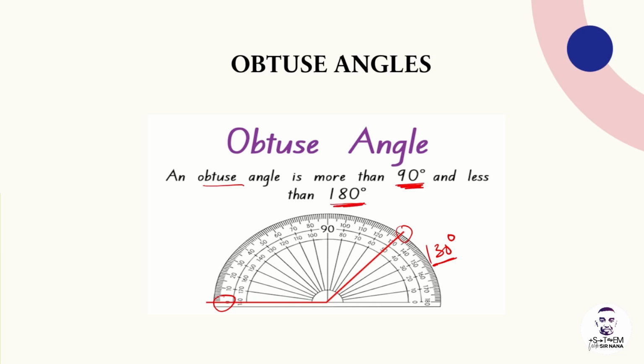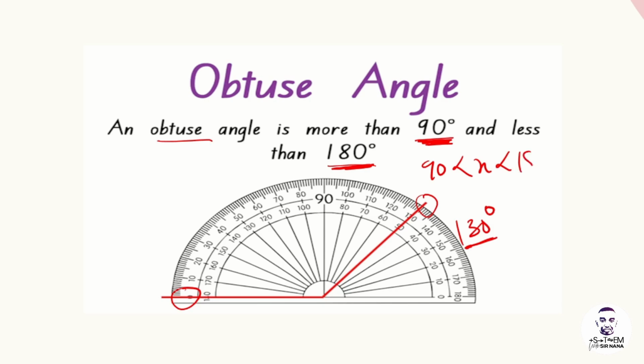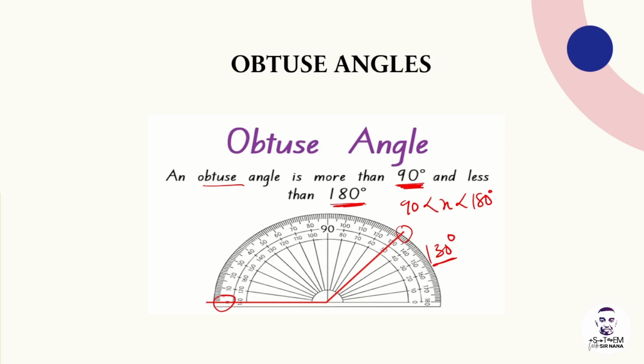It means that it lies between 90 and 180 degrees. We can write it mathematically as 90 is less than x is less than 180 degrees, right? So it's between 90 and 180. 90 is not part and 180 is not part.